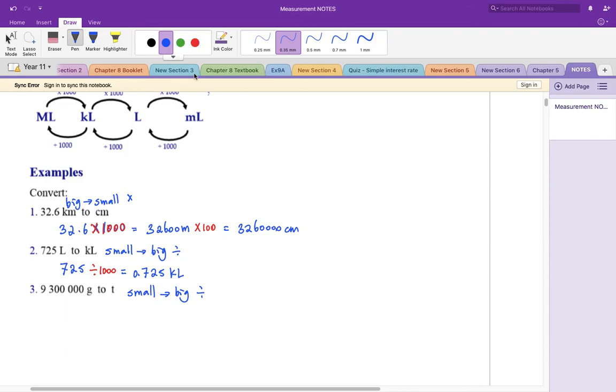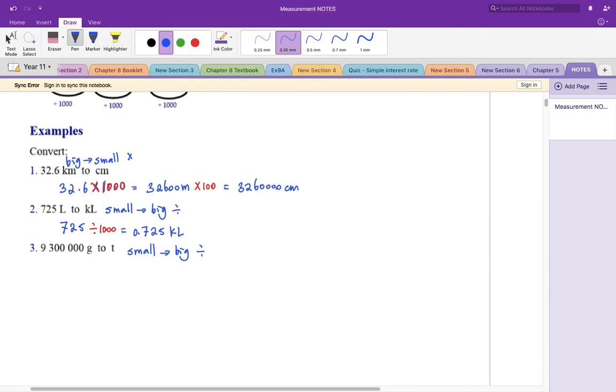So let's go from grams to kilograms. This is a big number. Make sure you count how many zeros there are. So you divide it by 1,000 first to get to kilograms, and then we go from kilograms to tons. So this is 9300 kilograms, and then you divide it by another 1,000. Of course, you can do both in one go, but I would suggest that you just take it slow. So this is it.